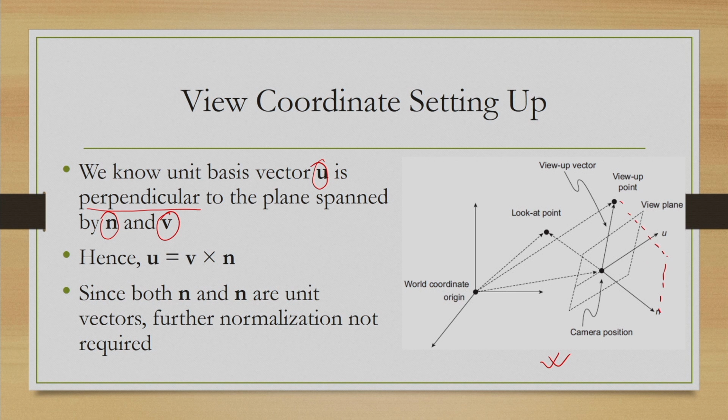Then we can simply use the vector algebra again to define u to be a cross product of v and n, v cross n. Now, since both n and v are unit vectors, further normalization is not required and we get the unit basis vector u by this cross product.